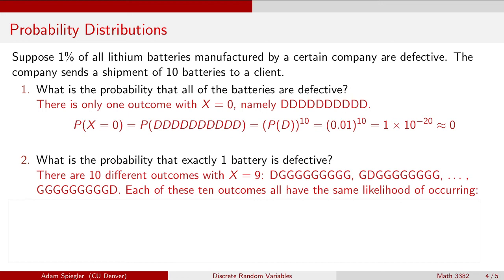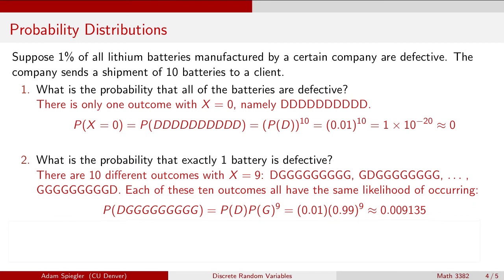And all 10 of these outcomes have the same likelihood of occurring. So let's see how we can calculate the likelihood of any one of these happening. For example, this first one is defective, and the next 9 are good. Again, we've got independent events, so we can calculate the probability of the D times the probability of the G 9 times over. So that looks like 0.01 times 0.99 to the 9th.